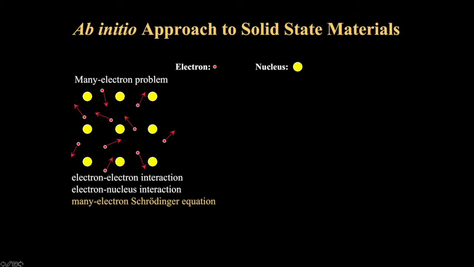So that's a fundamental problem for computational material science. The thing is how to determine the electronic behavior, because there are so many electrons. If you write down the quantum mechanical equation, a many-electron Schrödinger equation, you want to solve it, but unfortunately it's impossible to do that.